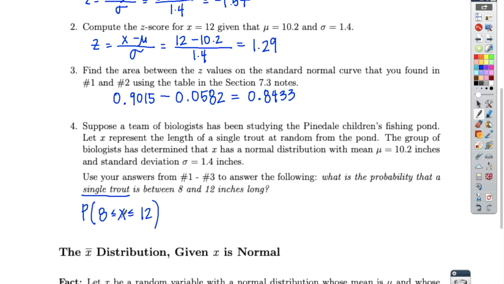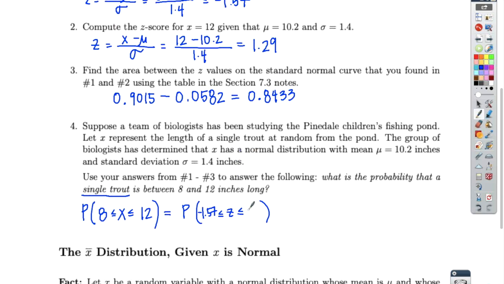I give you an x value. You don't want to deal with an x value, so you'll convert this entire problem into z-scores, and so you'll express this as z is between two values, and lucky for us, we've already done that. That's what warm-up problems 1 and 2 were saying. So we converted 8 for x to negative 1.57.